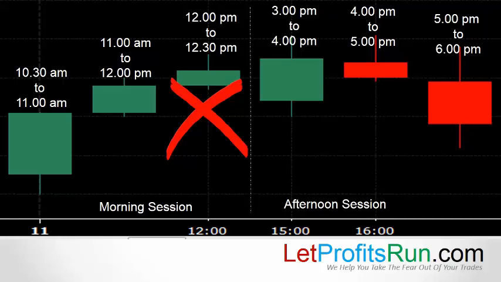So the market takes a break after this, and it will resume again at 3 p.m. for the evening session. And again, I will only start looking at the market to make any kinds of decision at 4 p.m. If there's no decision that needs to be made at 4 p.m., I'll just do something else, maybe chat on Facebook or something. Facebook is a great time waster known to man.